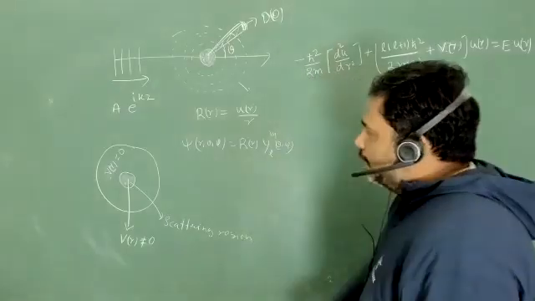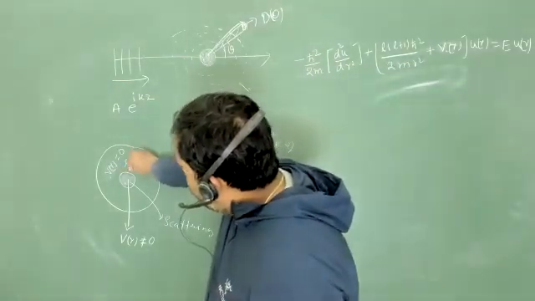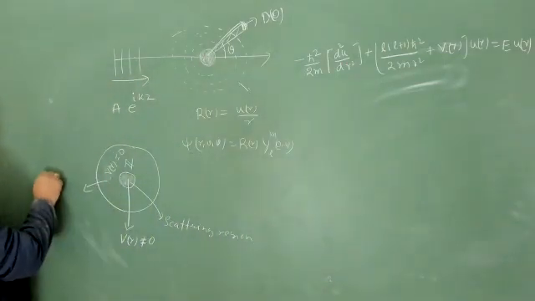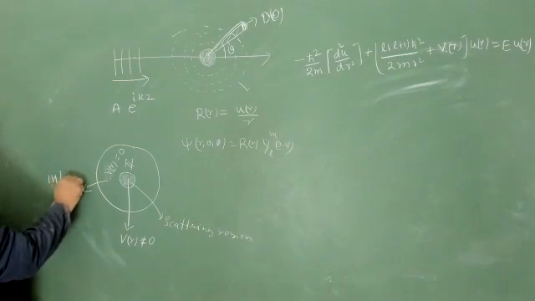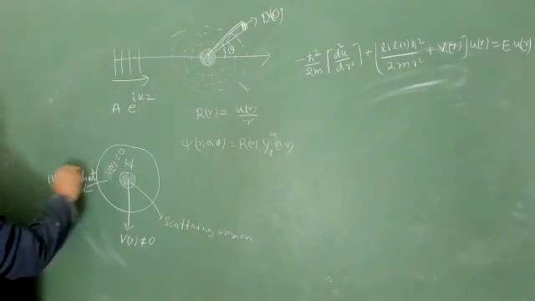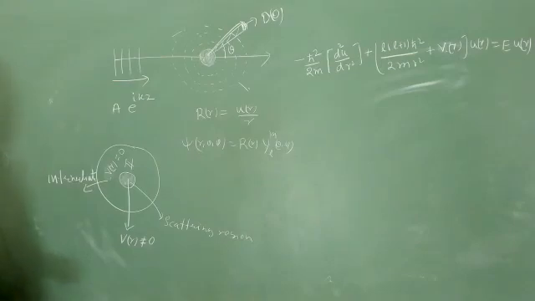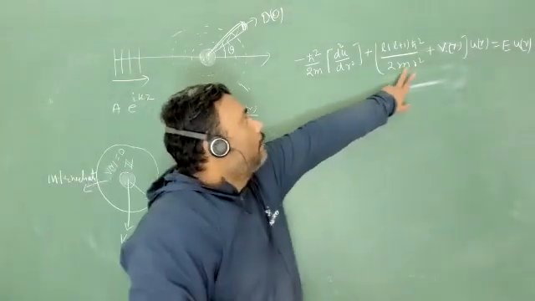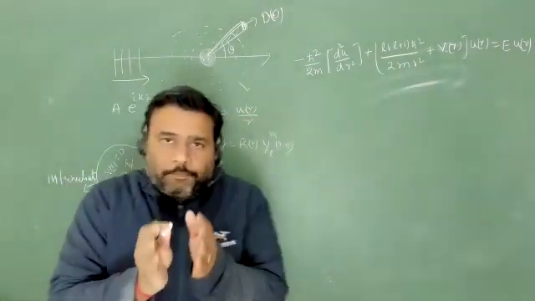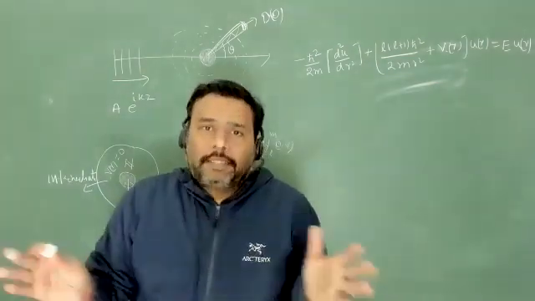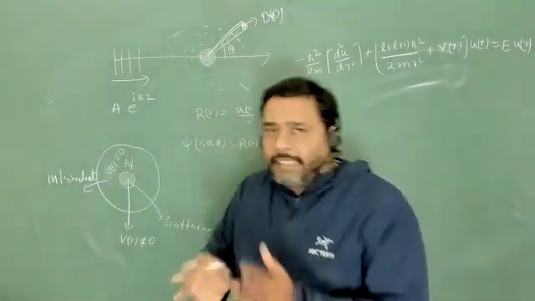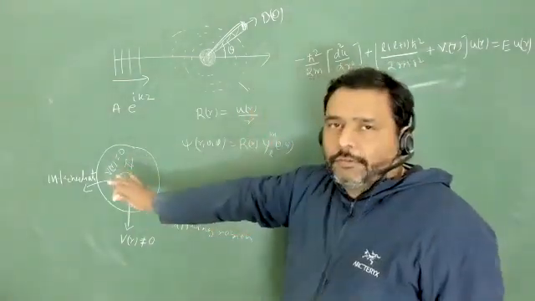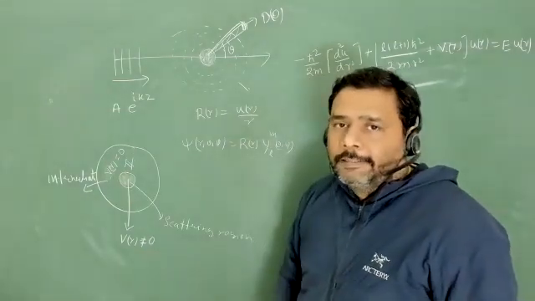That means in this region the potential is equal to 0, but the centrifugal term will come into the picture. r is not very large, so we can say something about this region also, because we know the exact solution in this region, thanks to mathematics.